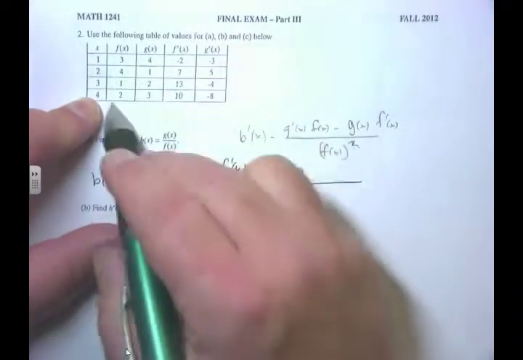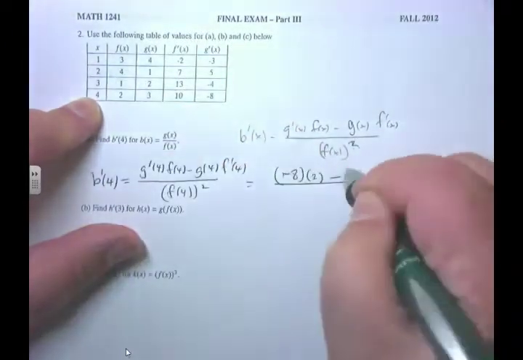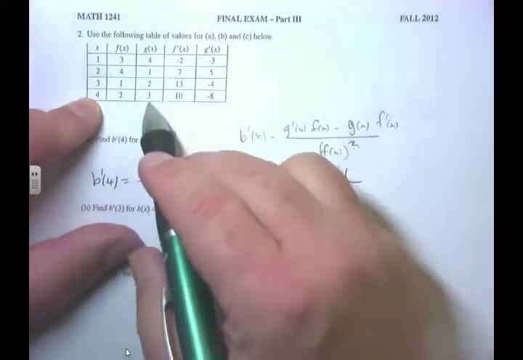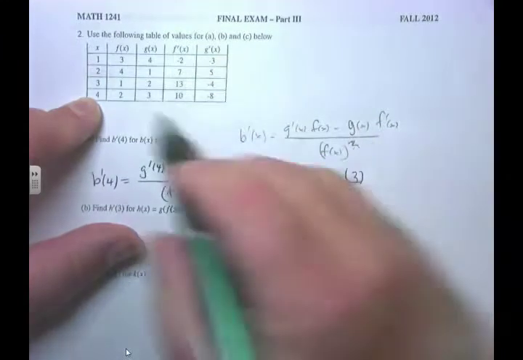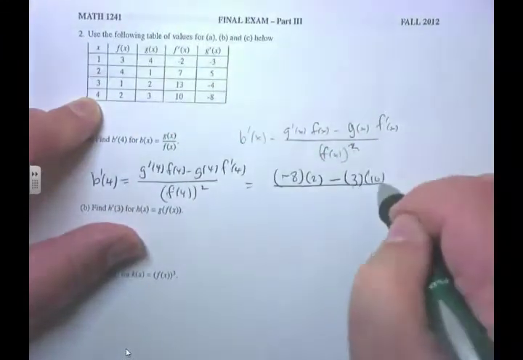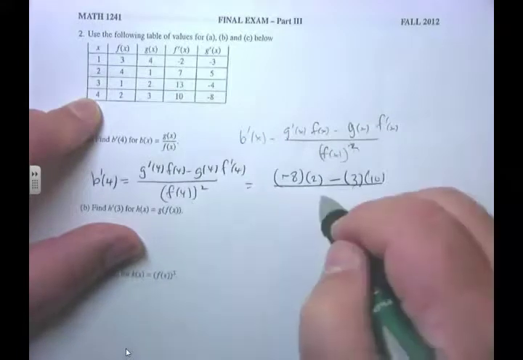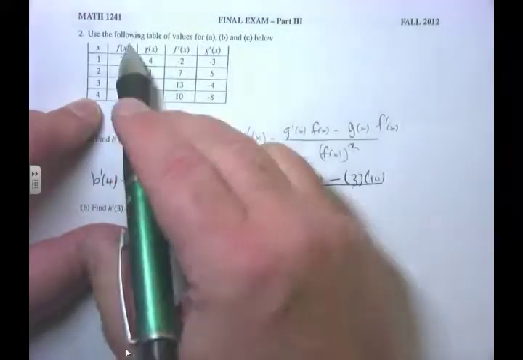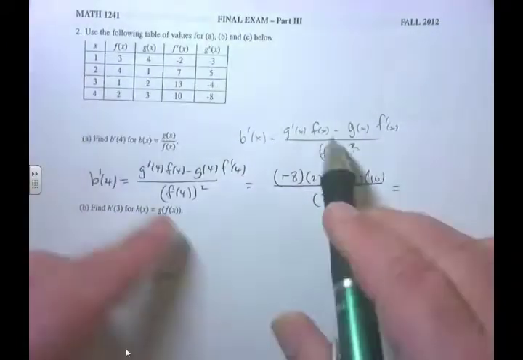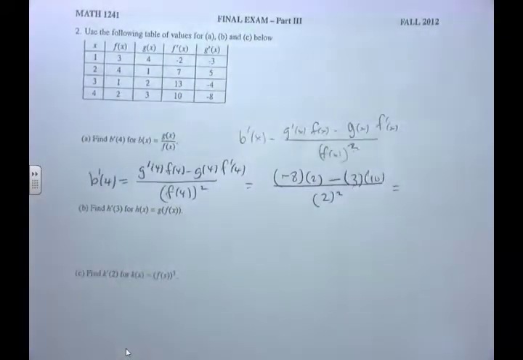Times f of 4, which is 2, minus g of 4, which is 3, times f prime of 4, which is 10, all over f of 4, which is 2, squared. This is the work they wanted to see.